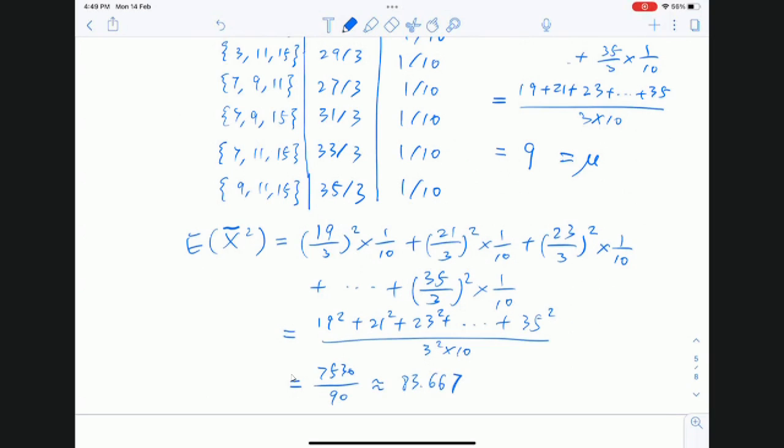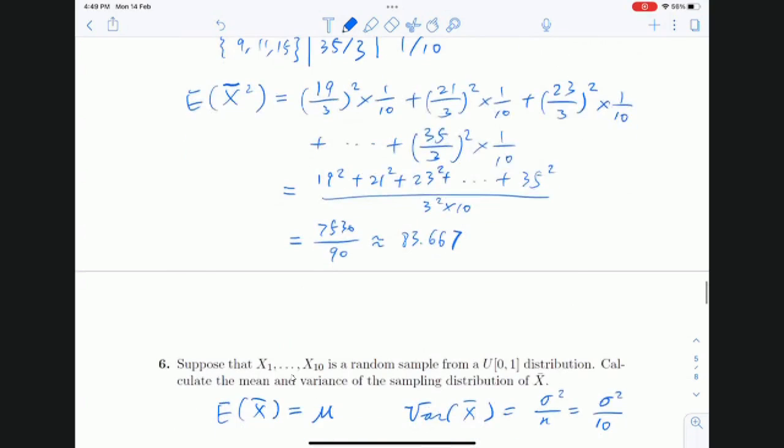Now, as I mentioned before, this is not the end because this is just the second moment. This is just the expectation of the square of the sample mean. In order to find the variance of the sample mean, we need to determine this: the expectation of the square of the sample mean minus the square of the expectation of the sample mean, and we will get the variance.